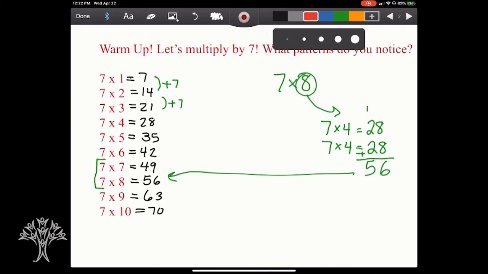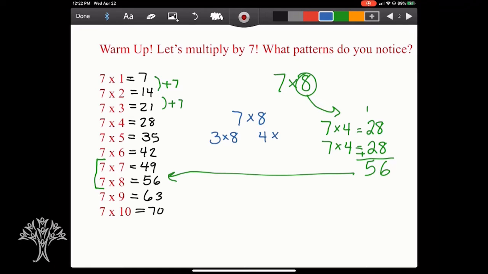There are other ways I could break up that same problem. What about if I took the 7 times 8 and instead of breaking the 8 up, what if I broke the 7 up? What if I broke it up into a 3 times 8 and a 4 times 8? 4 plus 3 is 7.